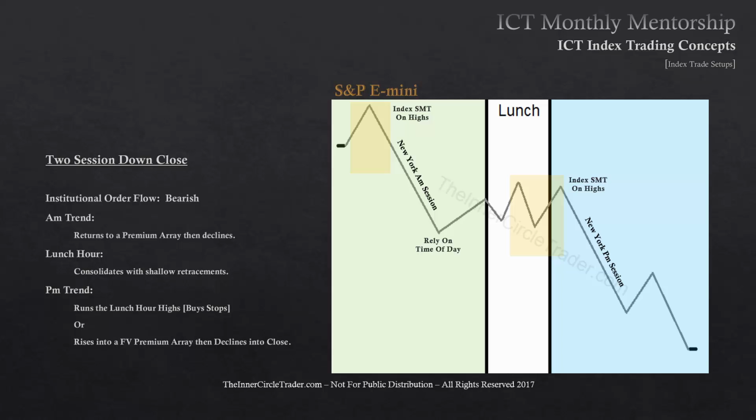York lunch. When that happens and it forms, there's always going to be some measure of a short-term high that forms immediately after lunch. And if you're looking for a 2-session down close profile to unfold, projecting that daily range, we're going to be looking for weakness immediately after the lunch hour closes.